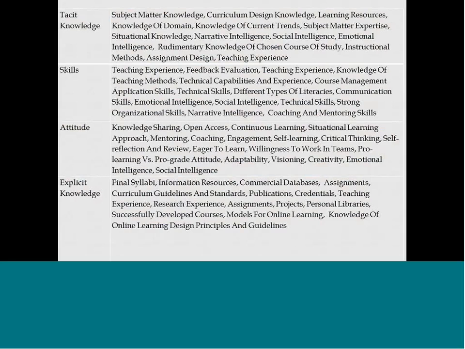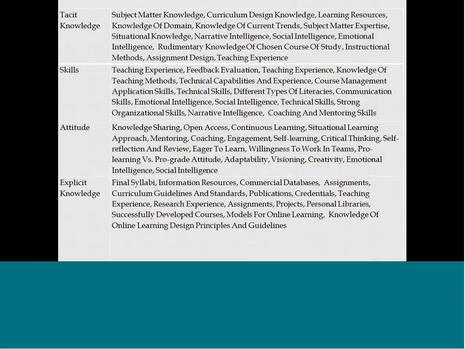If we were to combine them across all of those four capabilities, in other words, all the intellectual capital assets that are needed to support the provision of a strong undergraduate education experience, we would find a very rich set. If we look at tacit knowledge, we're looking at subject matter knowledge, curriculum design knowledge, learning resources, knowledge of specific domains, knowledge of current trends.